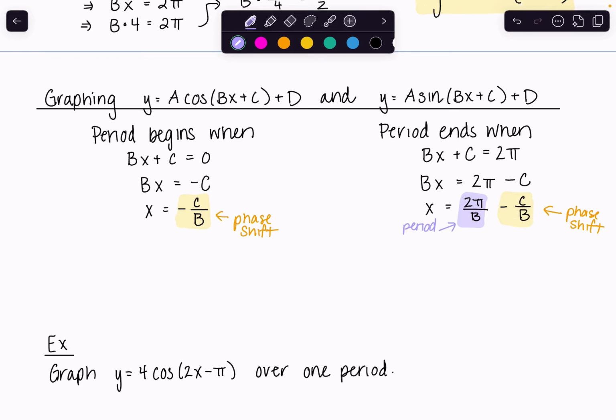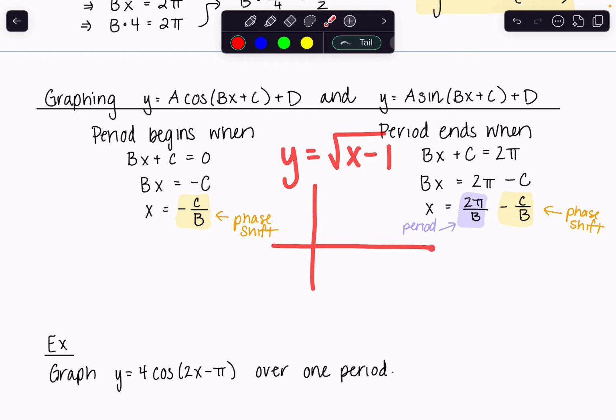Okay. So ultimately your phase shift is just a horizontal shift, but what you would have to do is factor out that value of b to see it. Okay. So it always moves the opposite of what you want. If it was plus 3 attached to the x, remember that's going to move it to the left 3. So as a quick example, if you think of y equals the square root of x minus 1, you would think that would move it to the left 1, but it actually moves it to the right 1 because your x values have to be bigger than 1 here, okay?